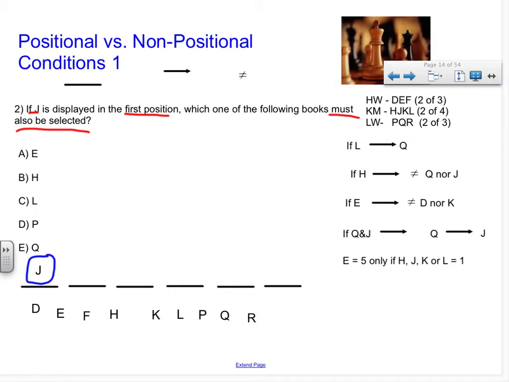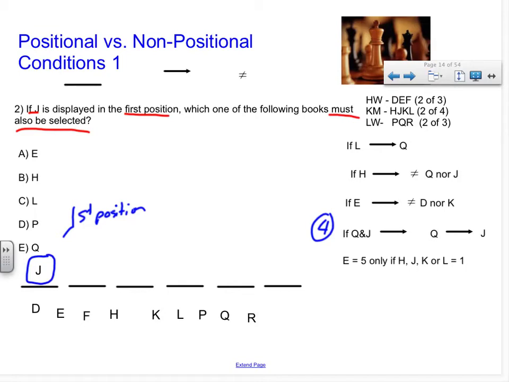If J is in the first position, I know that I can't have Q because it would break the fourth condition. If I included Q, it would have to come after J.